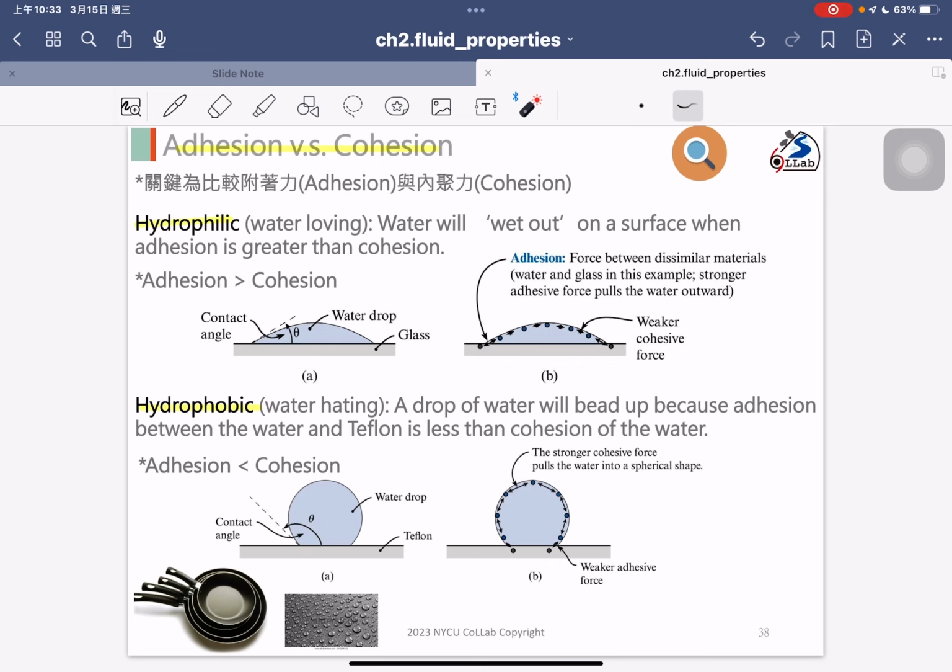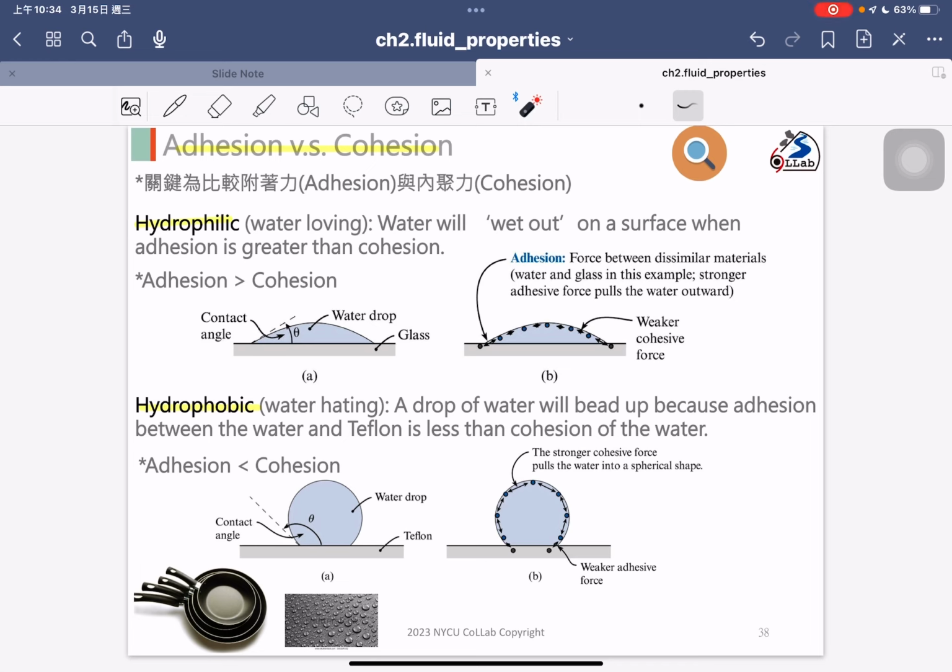That's why when you put water on Teflon, you always see bead formation, because the self-cohesion of the water is larger than the adhesion between the water and the Teflon. So for the water topic, these two words are very important.